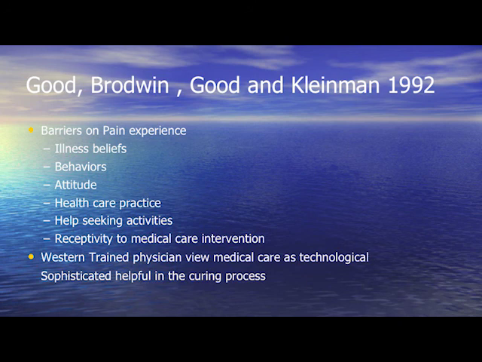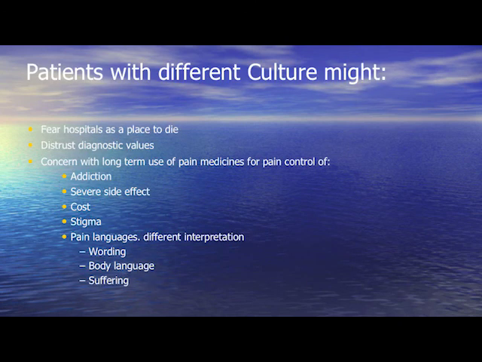People with different cultures, different backgrounds, they have different views of hospital stay. They don't like to go to the hospital because they might die there. They like to die at home. And my parents did that. When they got sick, they refused to go to the hospital and they died at home. They don't like that. And this is very real.